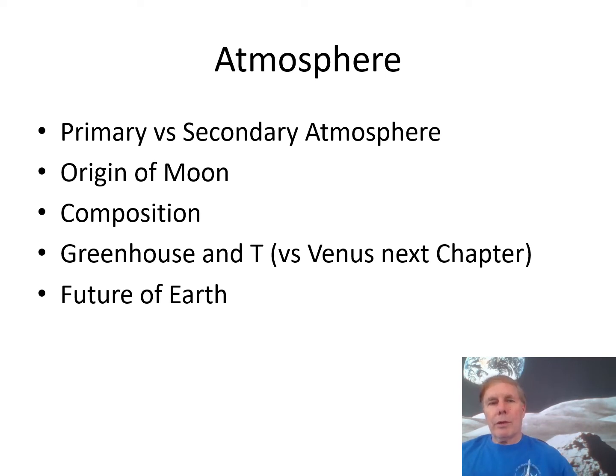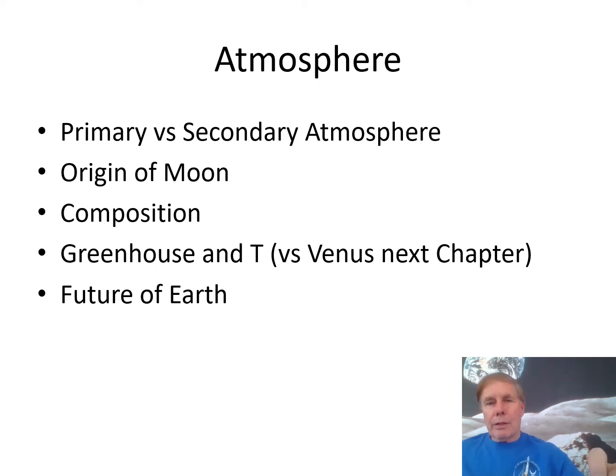But more from our point of view here, we're interested in the atmosphere was stripped away, and so was the water. So the atmosphere that we've had for billions of years since that time is secondary. That means it came mostly from outside, maybe a little bit from outgassing in the interior of the Earth. We'll talk about that a little bit later as well.